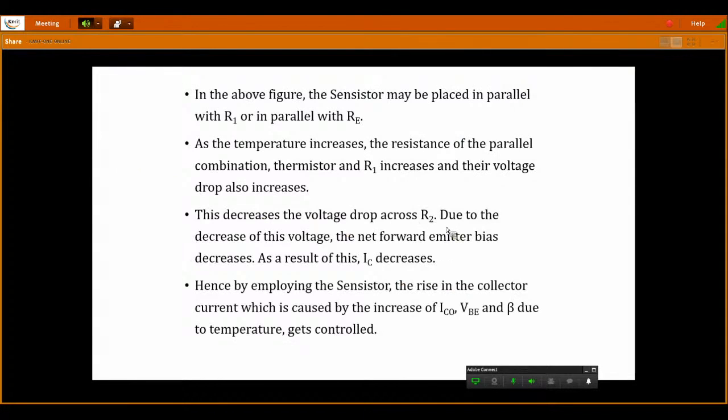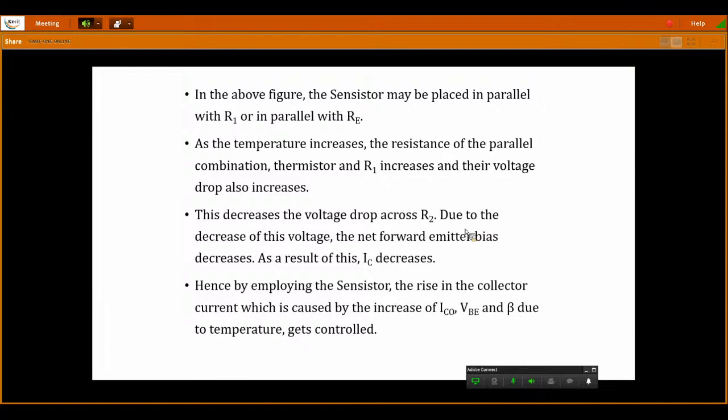This decrease in voltage drop across R2 decreases the net base to emitter junction voltage, which leads to a decrease in base current, and that decrease in base current leads to a decrease in collector current.